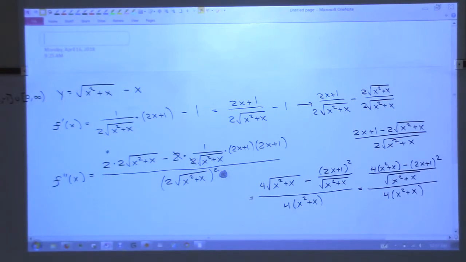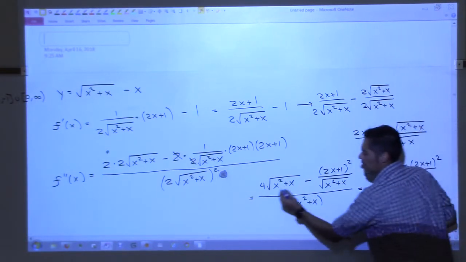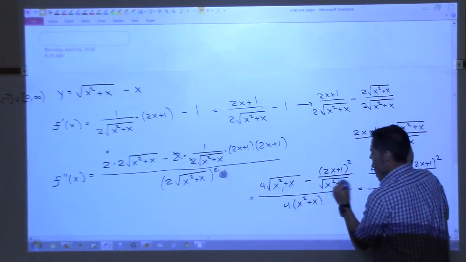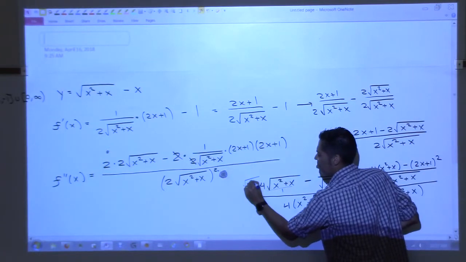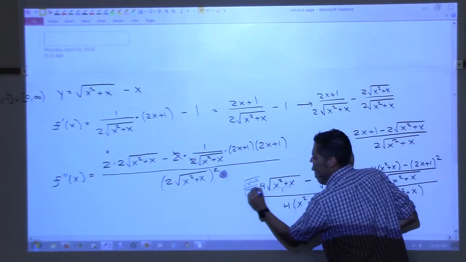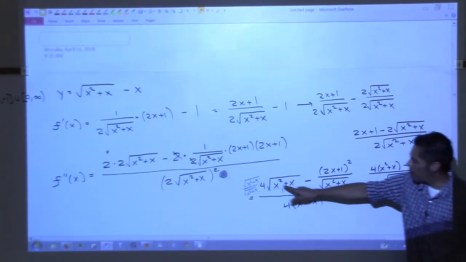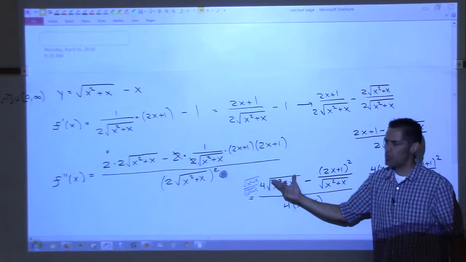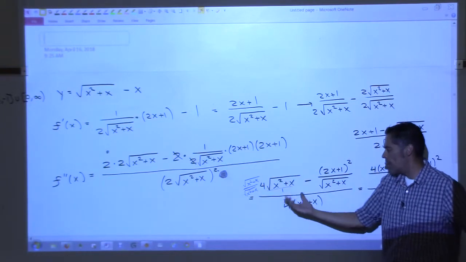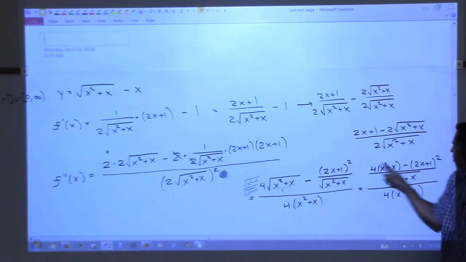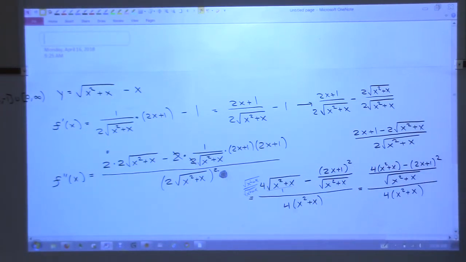I got a common denominator. To do that, I had to look at this as being over 1, right? And then I introduced this root x squared plus x on the top and bottom of this fraction. When I put it on the top, they were the same root, so the root went away. And then I put it on the bottom, well, then I have my common denominator. So that's why I have this right here. This is that numerator. The 4 was up there, and then the root went away. Then I have minus this numerator squared over the common denominator.